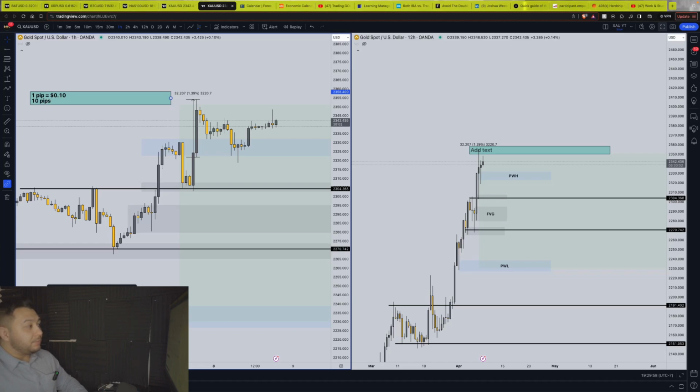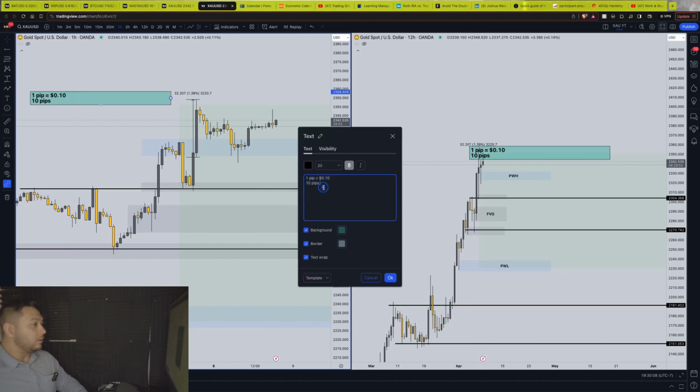Next, 10 pips for gold is equal to a $1 movement in price.